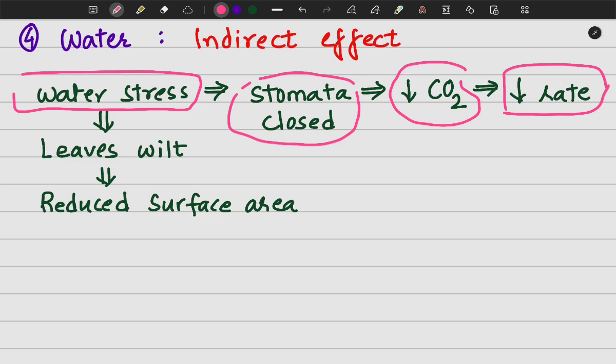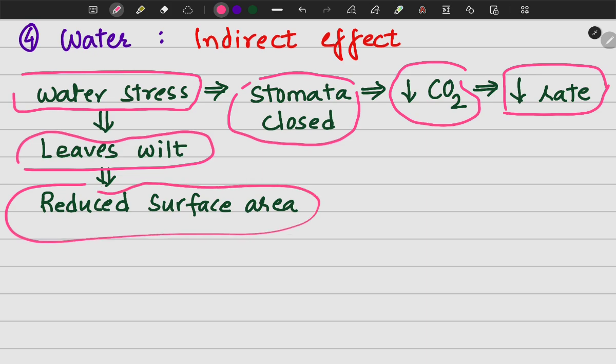So in this way, the water is indirectly affecting the rate of photosynthesis. Also, in the case of water stress, the leaves start to wilt, right? So when the leaves start to wilt, their surface area will be reduced, and then the leaf will not get the optimum amount of sunlight. That will lead to a lower rate of photosynthesis.